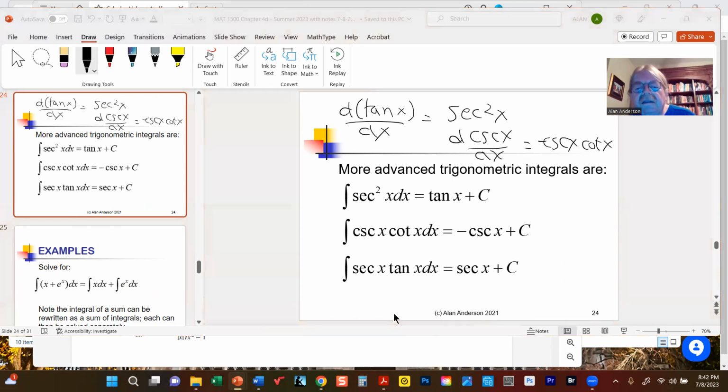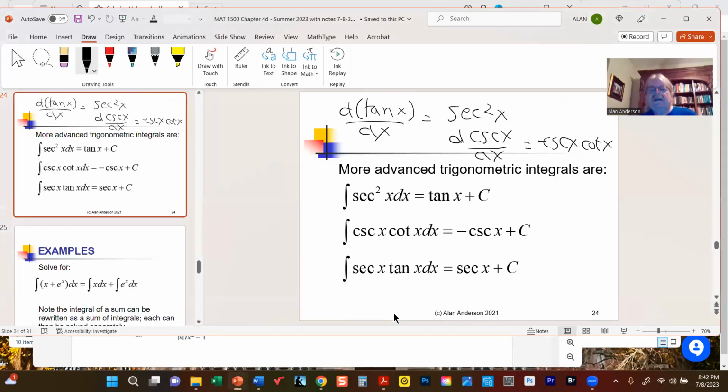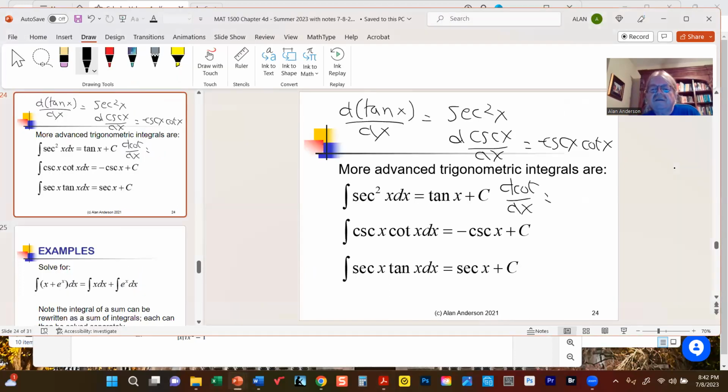And then the derivative of the cotangent is equal to negative cosecant squared x.